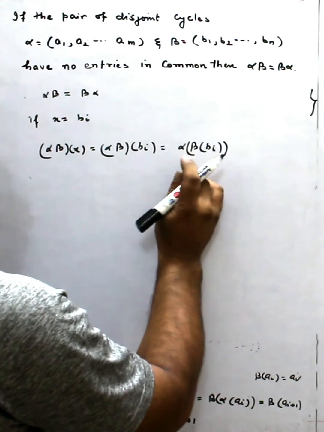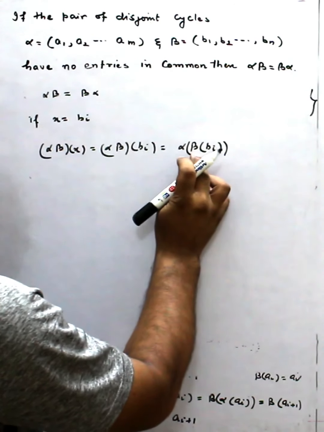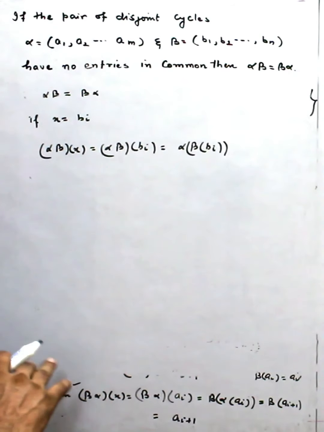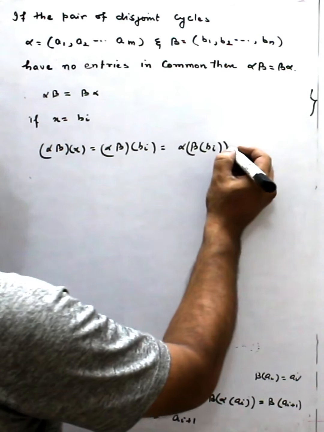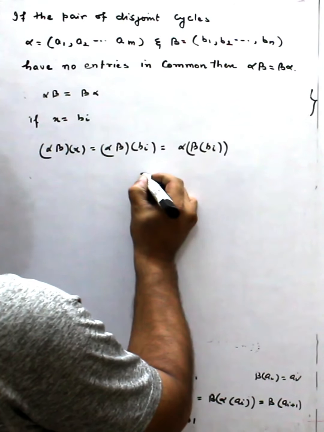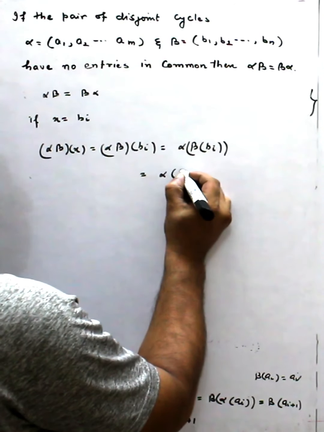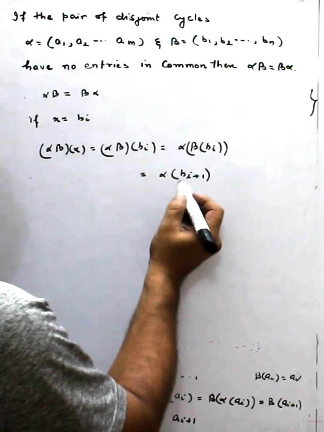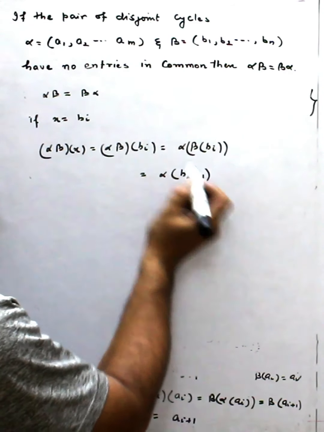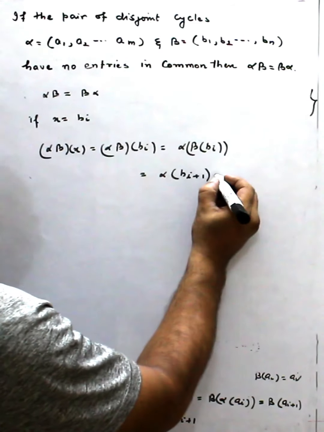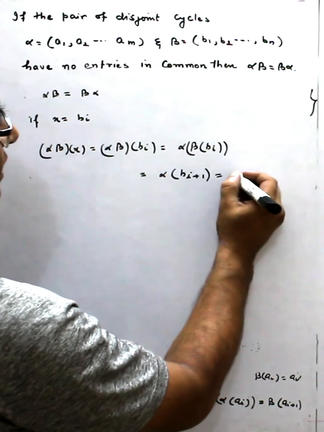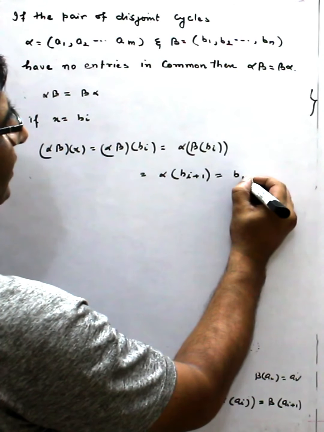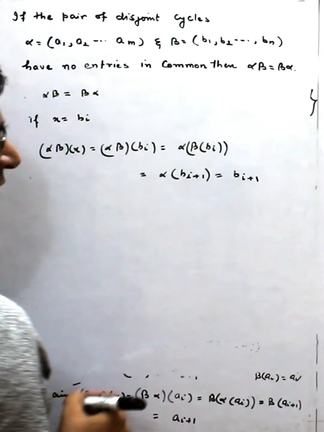Now what change will beta make in bi? Because it is a cycle, bi is moved to the next element, so this becomes alpha of bi plus 1, and because bi plus 1 is not in alpha, this element remains fixed, so alpha fixes it and it becomes bi plus 1.